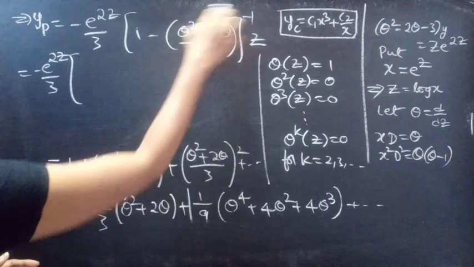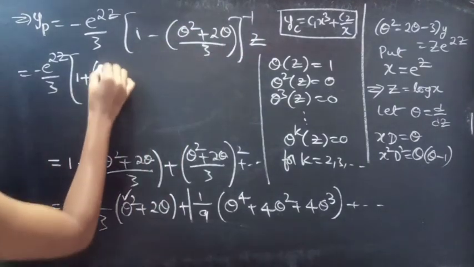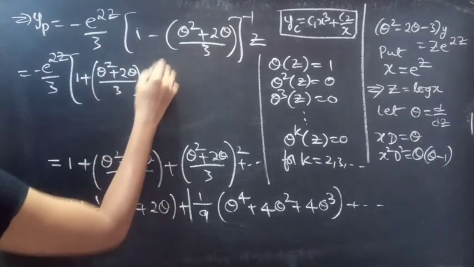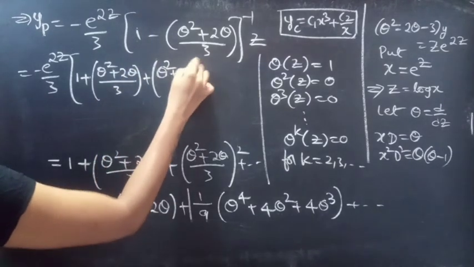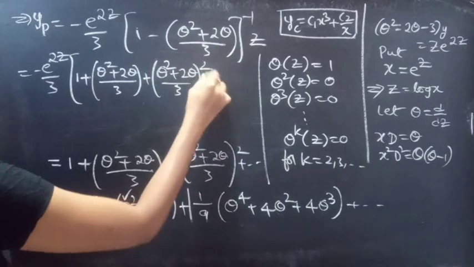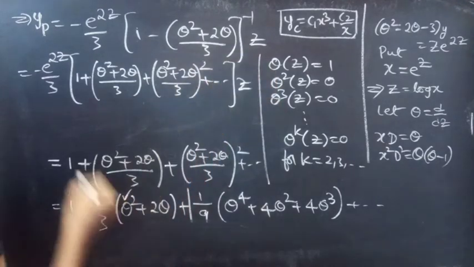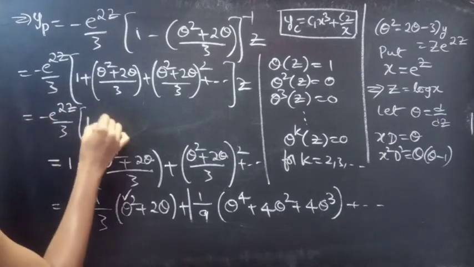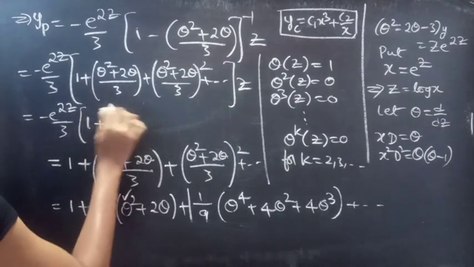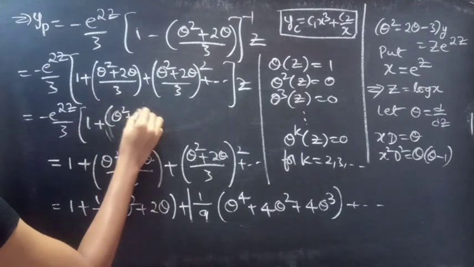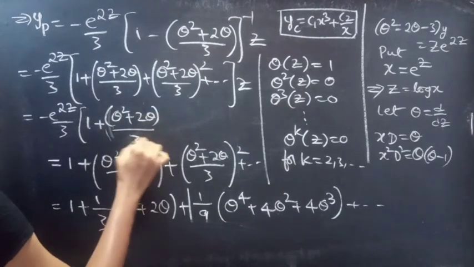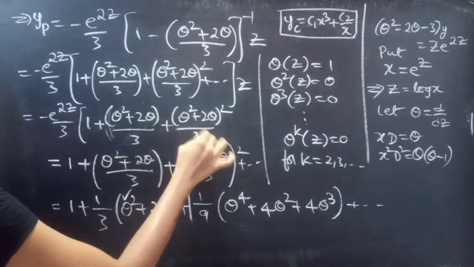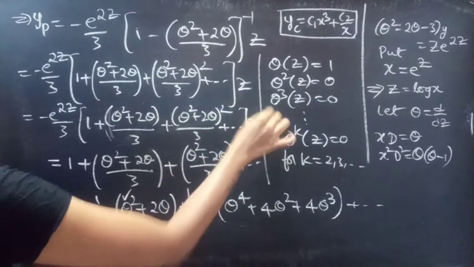The expansion of 1 minus x whole inverse is 1 plus theta square plus 2 theta by 3 plus theta square plus 2 theta by 3 whole square plus so on, into z. This equals minus e power 2z by 3 into 1 plus theta square plus 2 theta by 3 plus theta square plus 2 theta whole square by 3 plus so on, into z.